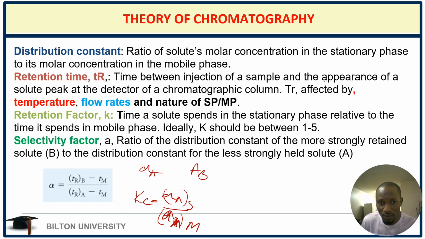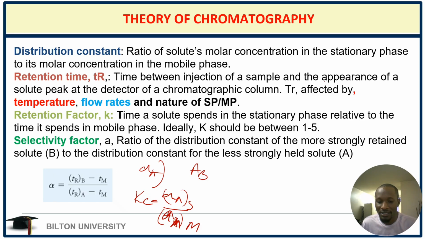So here we have two solutes, but we're going to focus on A. So we have solute A. How long does it spend time in the stationary phase and how long does it spend in the mobile phase? Because it is an activity, we are going to look at how much of it is in the stationary phase relative to how much of it is in the mobile phase, when the stationary phase and mobile phase are trying to be at equilibrium.